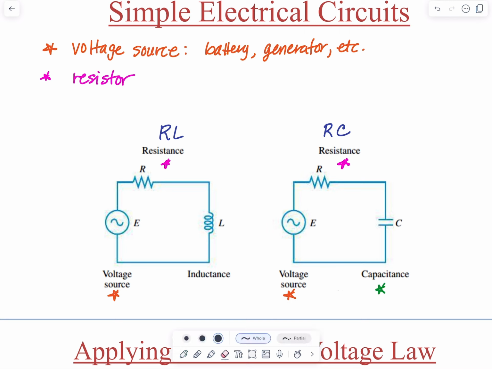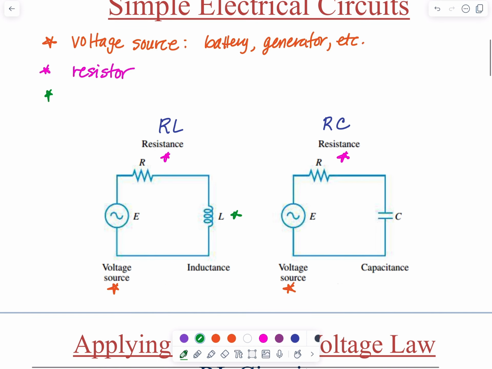And let me move this here. Let's go ahead and put that green star there by the inductor where we will have a voltage drop. And this constant L is called an inductance. And that's a constant, proportionality constant.